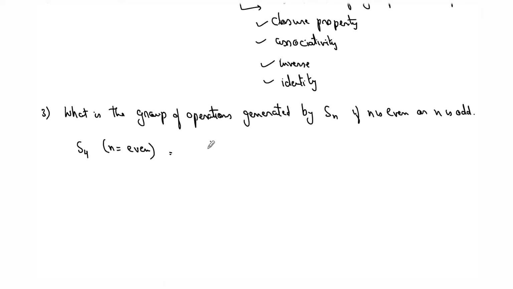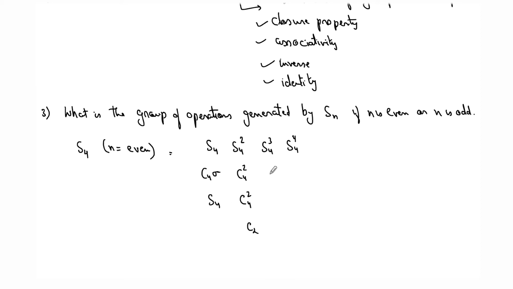S4 will generate S4, S4 square, S4 cube, S4 to the power 4. Now each of these is called C4 sigma, right? So this is an independent operation, so we'll keep it as S4. Now S4 square will be C4 square, sigma square is E, so this is nothing but C4 square, which can be written as C2.